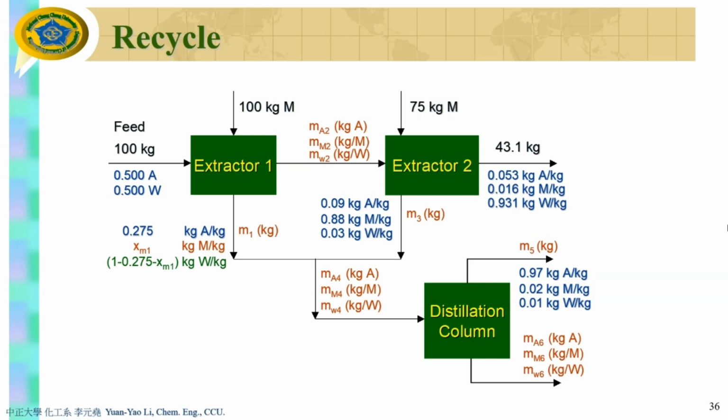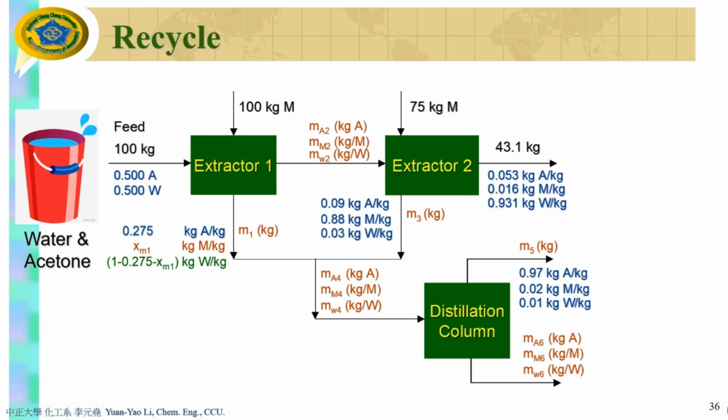We have a mixture of water and acetone, and we want to separate water and acetone. We all understand that we cannot use a distillation column to separate water and acetone because they have low boiling points and their boiling points are very close.